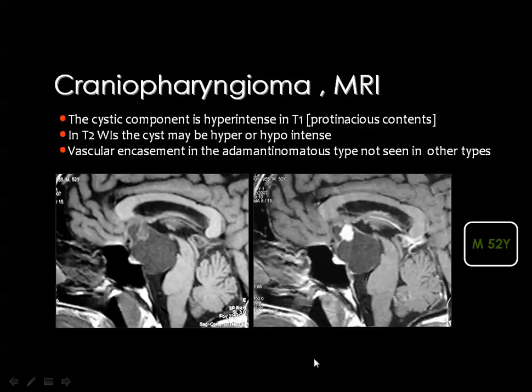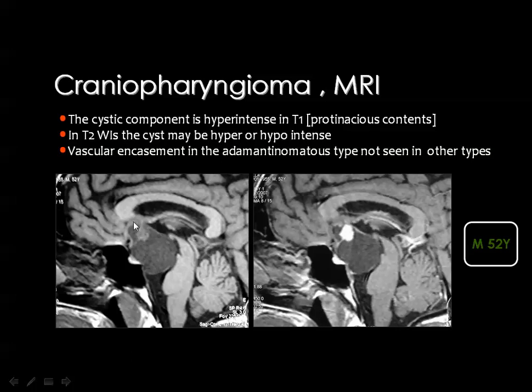And you remember that the MRI is almost insensitive for detection of calcium. So for the diagnosis of craniopharyngioma, you depend on the other two main features, which are the cystic component and the solid component.